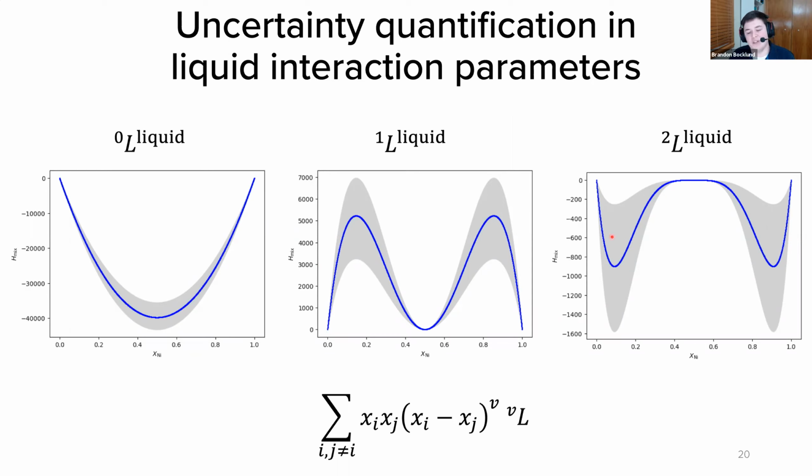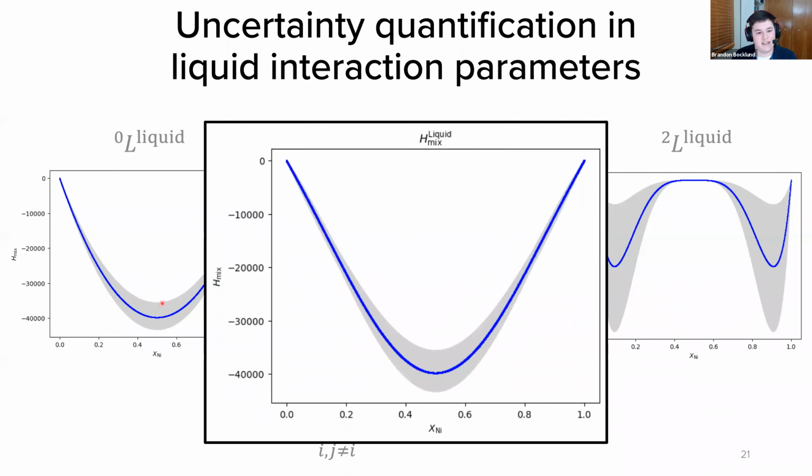And even more so for L2, where we have a much wider range of values. This should be intuitive if you've done any CALPHAD modeling yourself, in that the energy is much less sensitive to an L2 parameter than an L0. That's why you see these different orders of uncertainty.